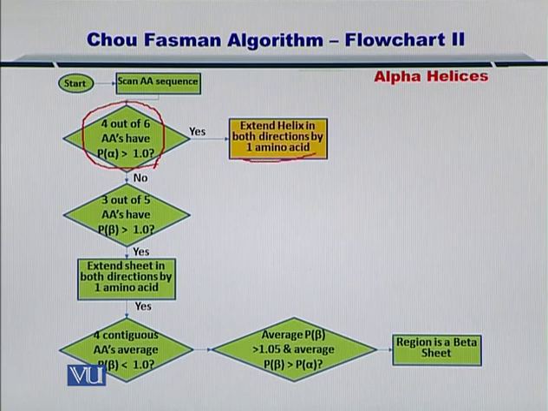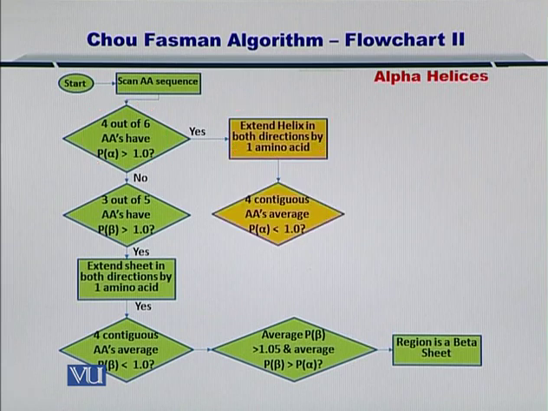So you extended the helix in both directions by 1 amino acid at a time, and you checked for 4 contiguous amino acids which had a propensity for forming an alpha helix falling below 1.